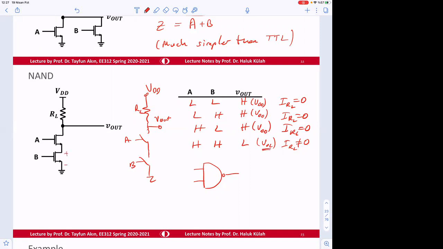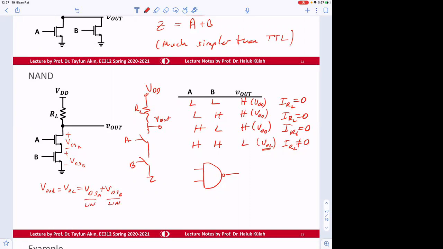Because there's going to be VDS here. There's going to be VDS A and VDS B. So V output low is going to be equal to VDS A plus VDS B, and both of them are in linear mode.